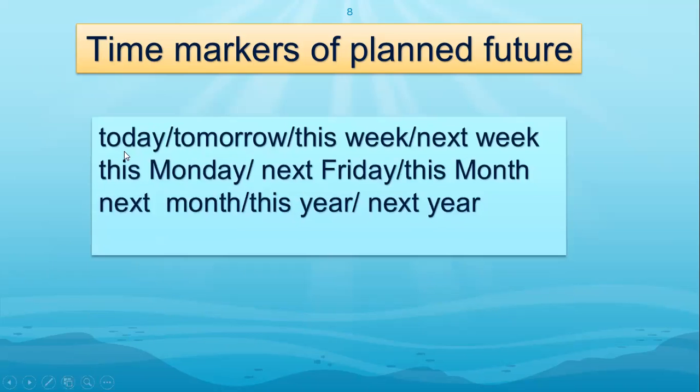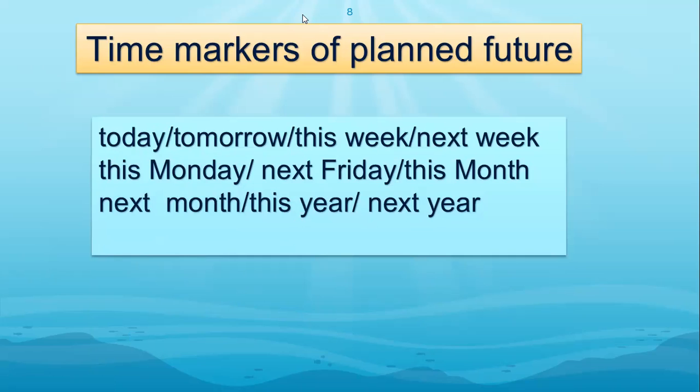There should be tomorrow, today, this week, next week, this month, next Friday, next month, this year, next year. So we should have this Monday, we should have a time marker. If you just say, I am learning English, what time? Now.